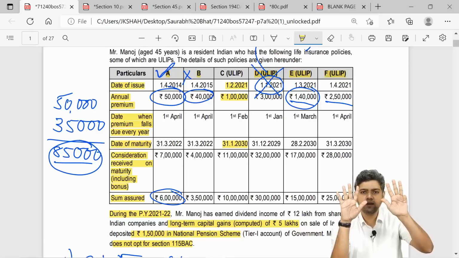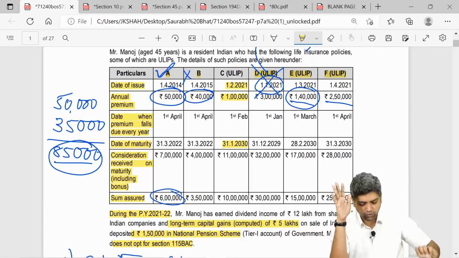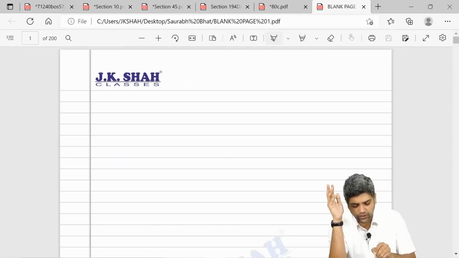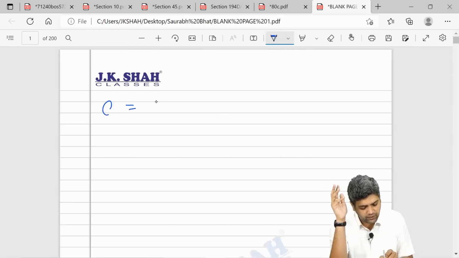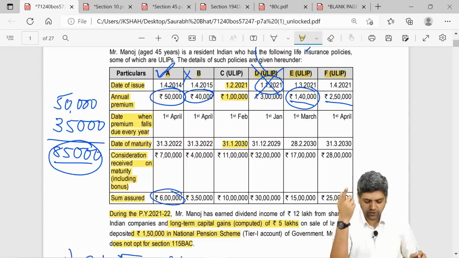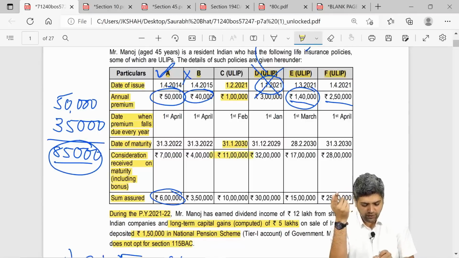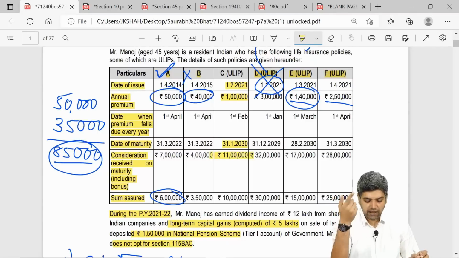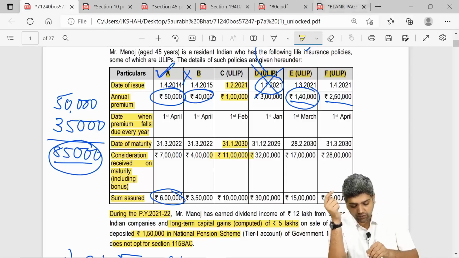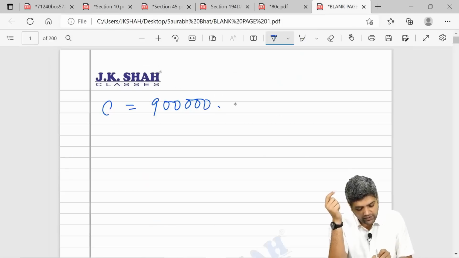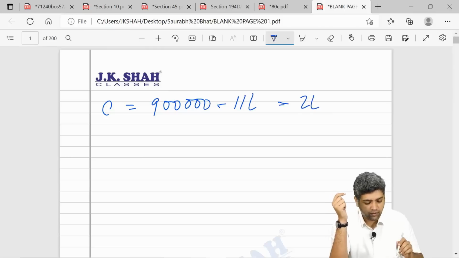So in short, 9 years I will pay the premium and in 2030 the policy matures. So as far as policy C is concerned, I end up paying 9 lakh rupees premium, as against which the maturity proceeds are given to me as 11 lakh rupees. The sum assured is 10 lakhs, but the maturity amount that you get is 11 lakhs. So I invested 9 lakhs, I got 11 lakhs, so the gain is 2 lakh rupees.